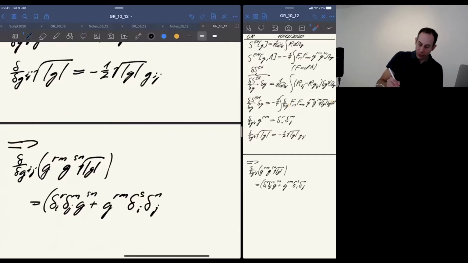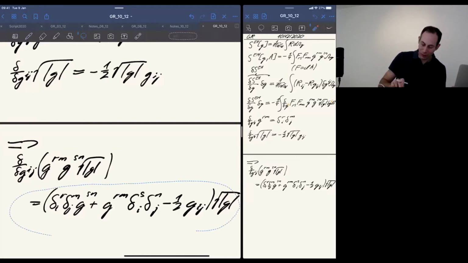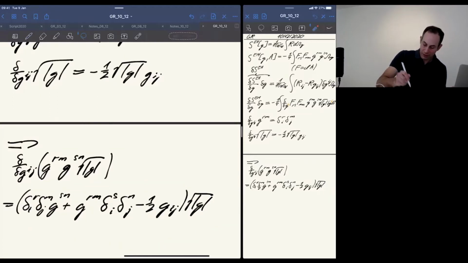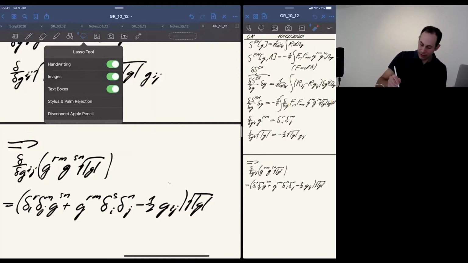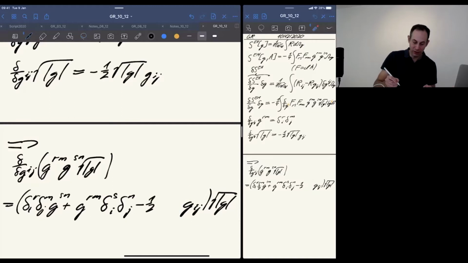And then from the third term, we got a -1/2 g_ij times the square root of the determinant, which we have from every term. So I just put it here. I think I forgot something. The last term, of course, is not alone here, just with the g. That was wrong. So here it still has, of course, the previous factors, which I need to insert. And the previous factors were just g_rm and g_sn. Now I think the expression should be correct.